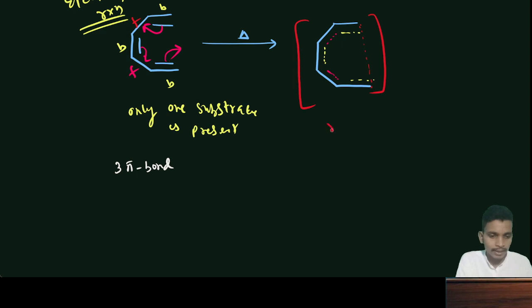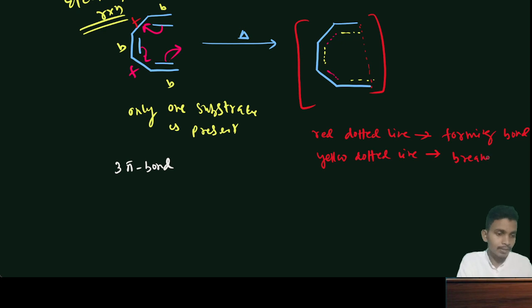The red dotted lines show the forming of a bond, and the yellow dotted lines show the breaking of a bond.